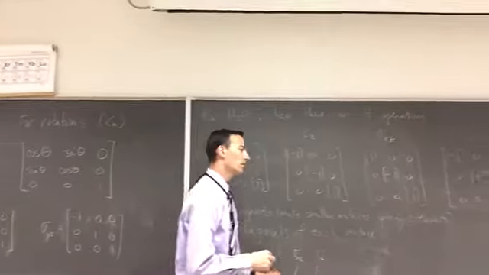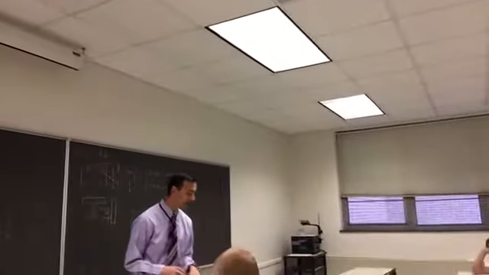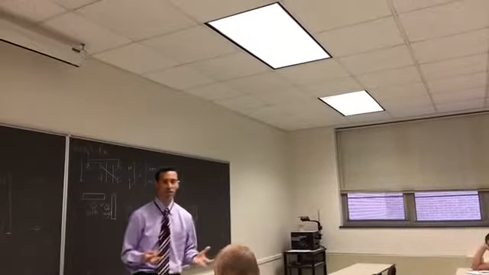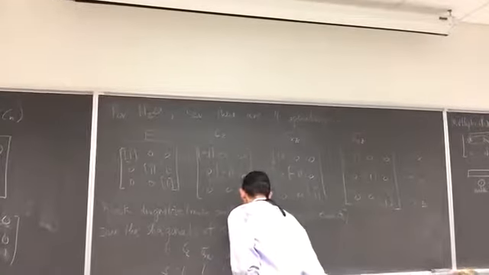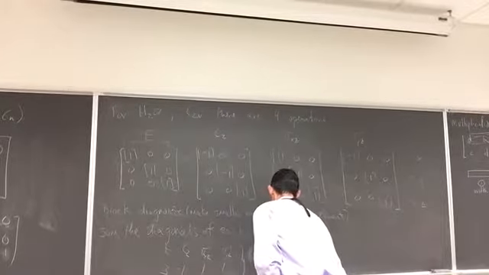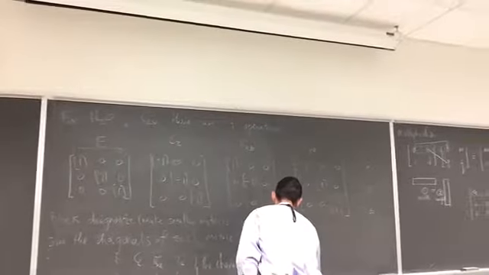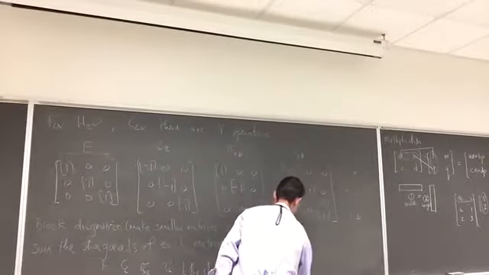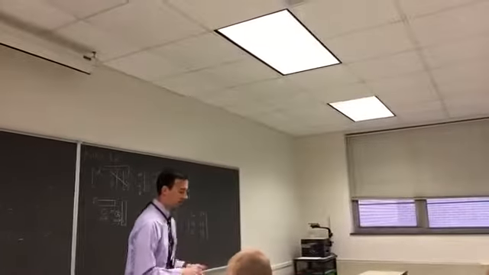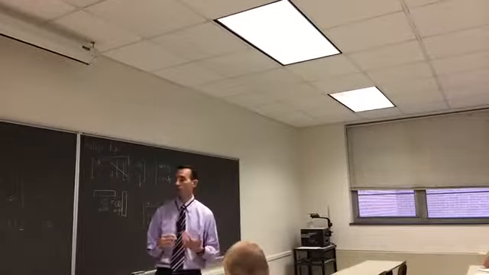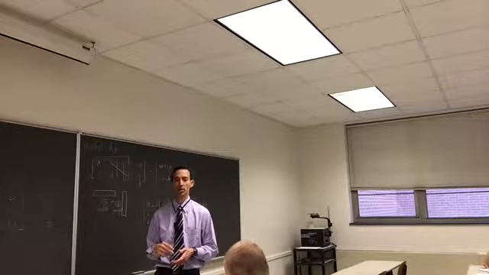This 4-number combination right here is what's known as a character, or the character. Okay? This is what's called the character of the C2v point group. It's just what we saw. It's the sum of, or the trace, the sum of the diagonal elements of each of these matrices.